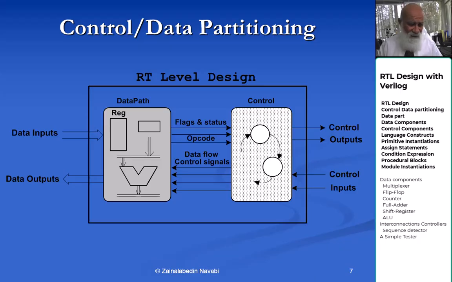Then we have these signals coming in from my controller into the data path, where they control, let's say, whether this component is going to be doing adding or subtracting or ANDing or what. These control signals also control the interconnection of the buses.